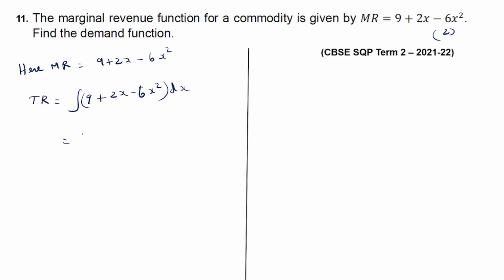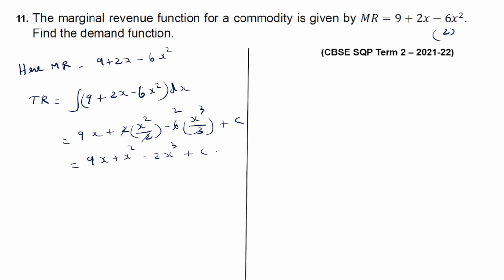When we integrate we get 9 integral dx is x, plus 2 into integral x is x square by 2, then minus 6 into integral x square is x cube by 3, plus the constant of integration c. So, it is 9x plus x square minus 2x cube plus c.